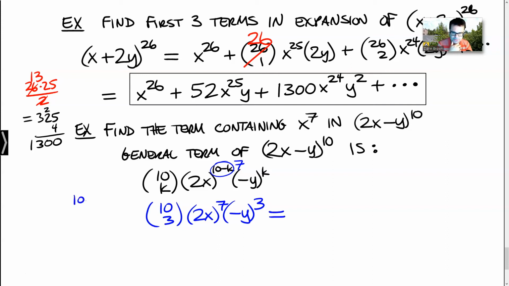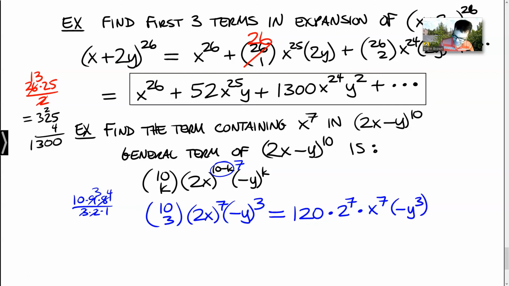Well, 10 choose 3 is 10, 9, 8 over 3, 2, 1. That's 120. So it's 120 times 2^7 times x^7 times (-y)^3.